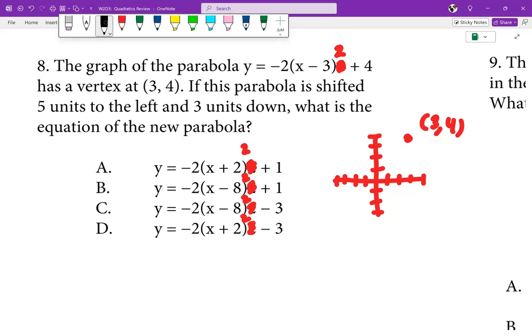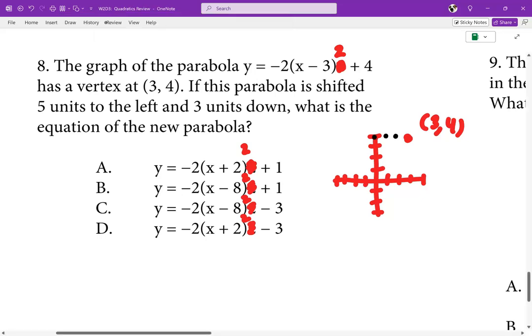So let's see. 1, 2, 3, 4, 5. And then how many units down? 3 units down. So 1, 2, 3. This point right there is -2, 1. So all I got to do is write this equation with a -2 and a 1.